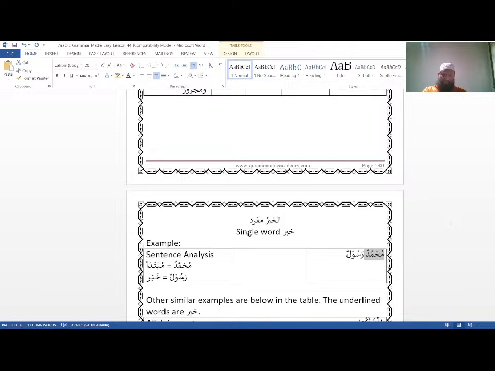Rasulun is the khabar, the single word khabar. So when we analyze the sentence, we say Muhammadun مبتدا, رسول خبر. مبتدا and خبر together becomes الجملة الاسمية. Okay.